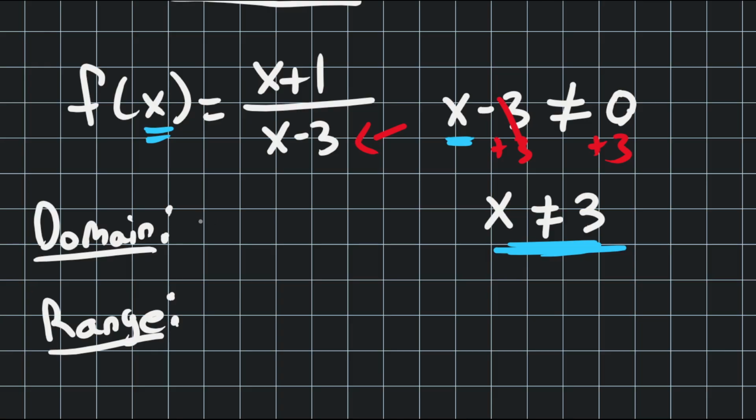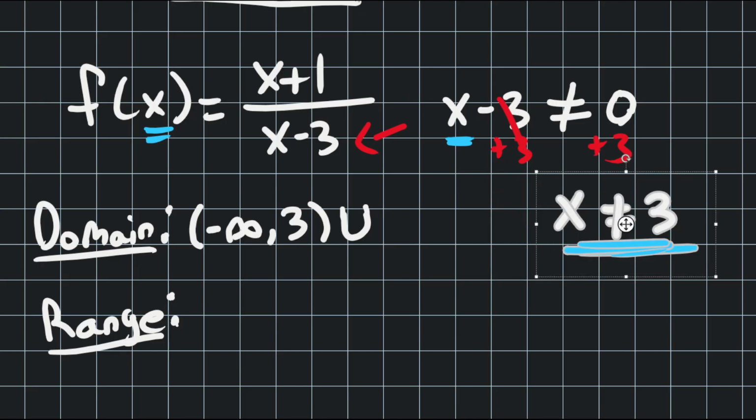So how do we represent that in interval notation? Well, x can go from negative infinity to 3, but not including 3. So we'll use a parentheses. Or, so we'll use this U symbol, this union symbol to represent or. So or, and then we move this.